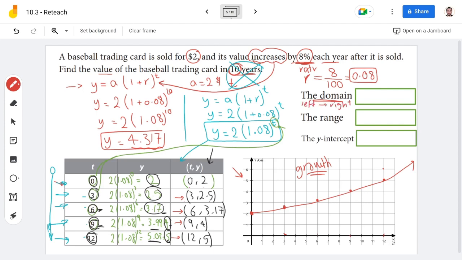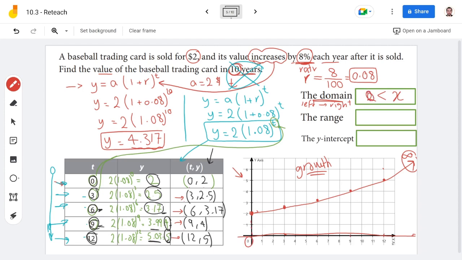So what's the value on the left? Sorry, not 2, this 2 is the y-axis. We are talking about the x-axis. On the x-axis it goes to infinity on the right, and on the left the value of x is 0.